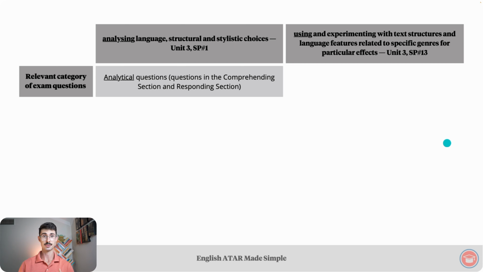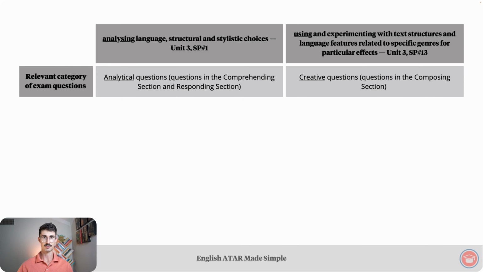Firstly, analytical questions, they relate to this syllabus point over here in Unit 3, and the giveaway for how they relate to one another really comes from this word analyzing. In syllabus point 1 from Unit 3, we've got analyzing language, structural, and stylistic choices, and here we have got analytical questions, and they come from the comprehending section and the responding section.